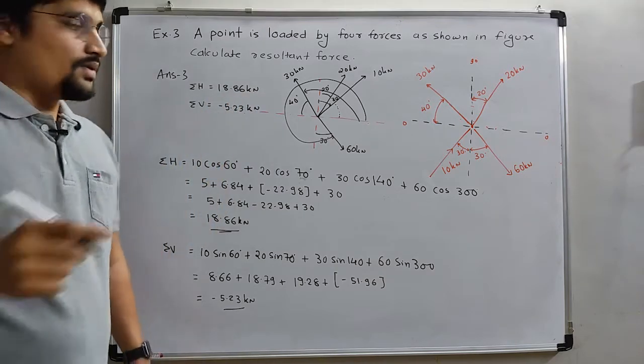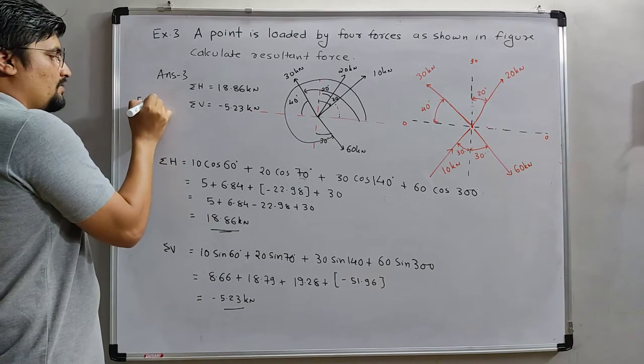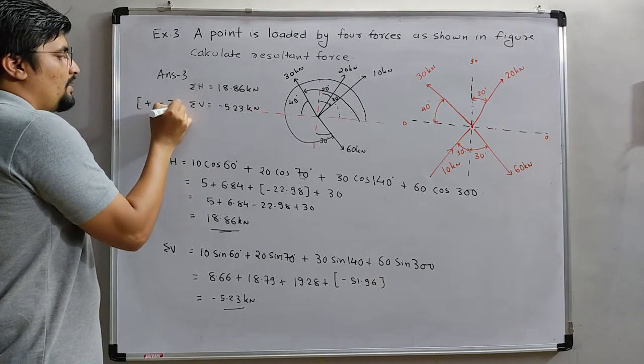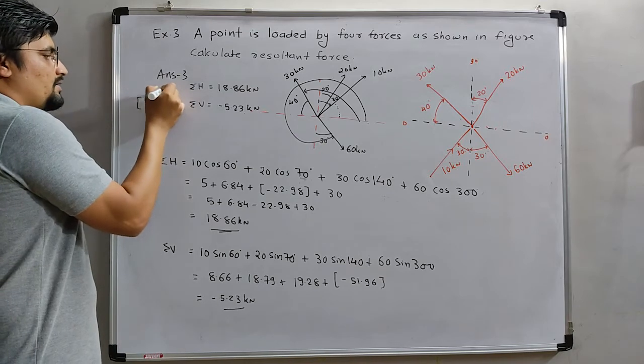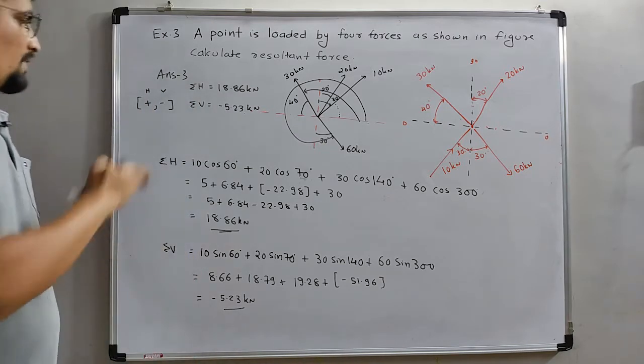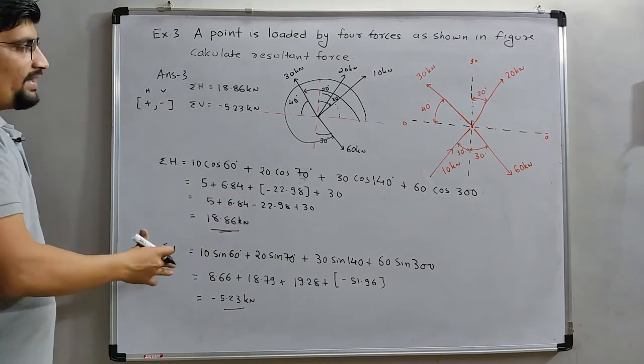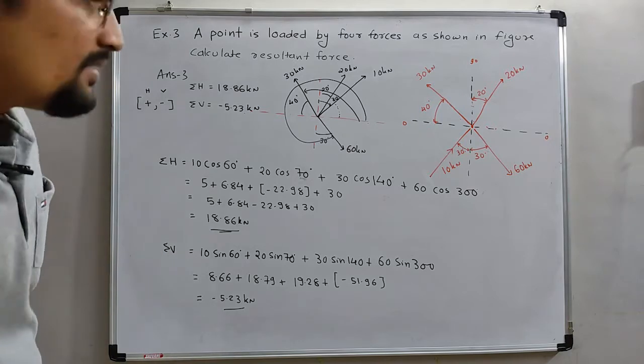It means the value of horizontal and vertical is like this, plus minus. The horizontal value is plus and the vertical is minus. Okay. Now, I hope you all understand this. Now calculate the resultant force.